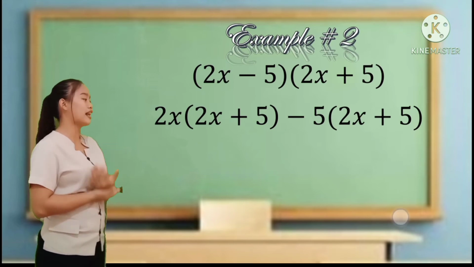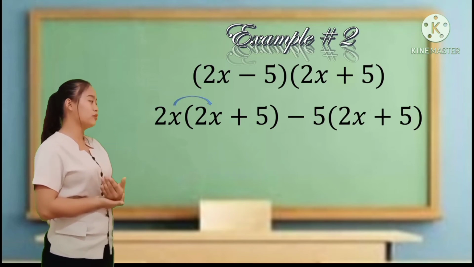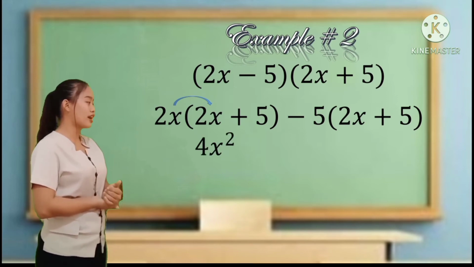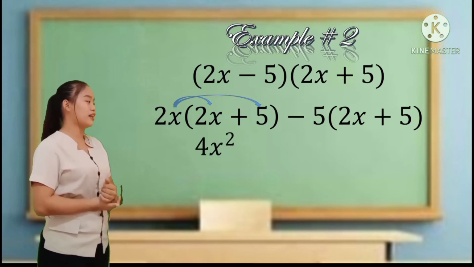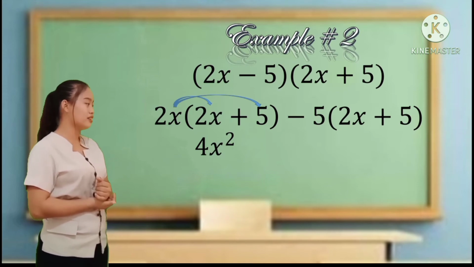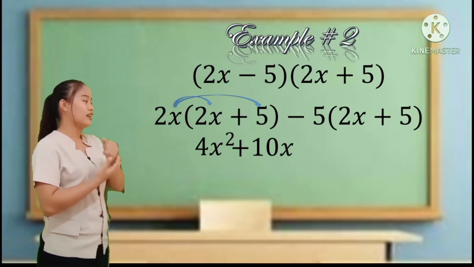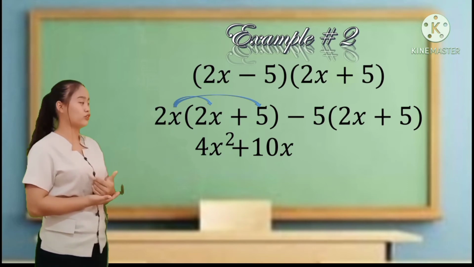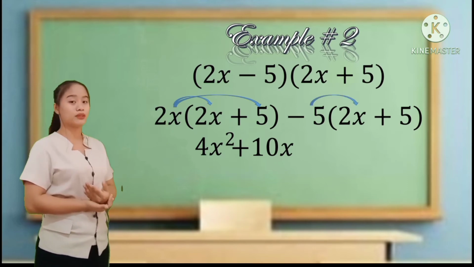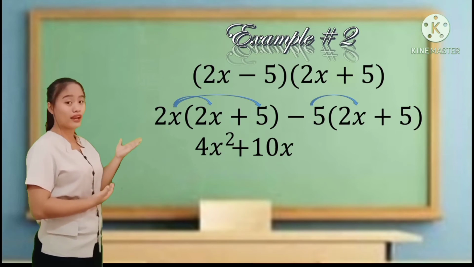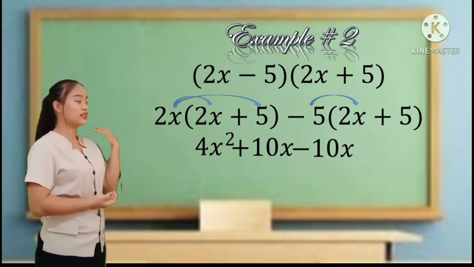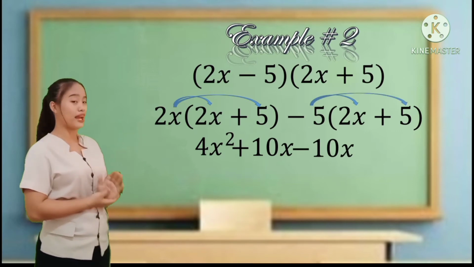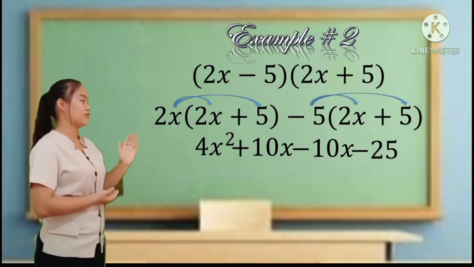So we have 2x multiplied by 2x, which is 4x squared, then 2x multiplied by 5, so we have 10x. Then the same with the second term: negative 5 multiplied by 2x is equal to negative 10x. Then negative 5 multiplied by positive 5, we have negative 25.